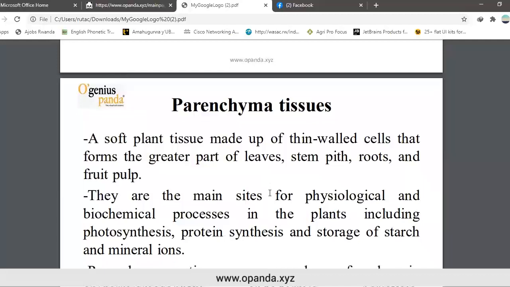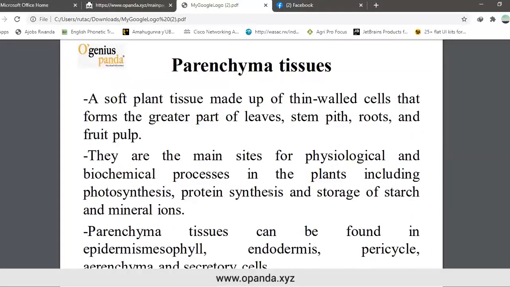We start with parenchyma tissues. This is a soft plant tissue made of thin wall cells that forms the greater part of leaves, stem pith, roots, and fruit pulp.